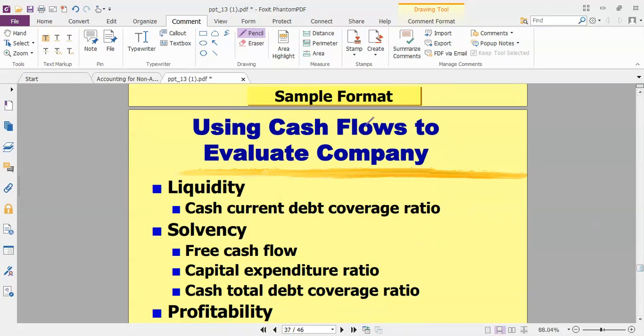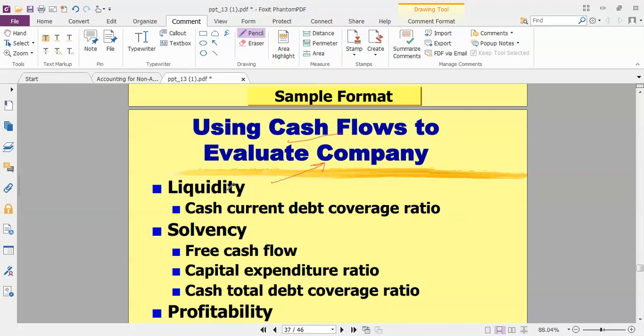So let's look at the purpose. What is the use of cash flows to evaluate companies? In the cash flow statement, we will know the liquidity of the company. Liquidity in Malay we call kecairan.